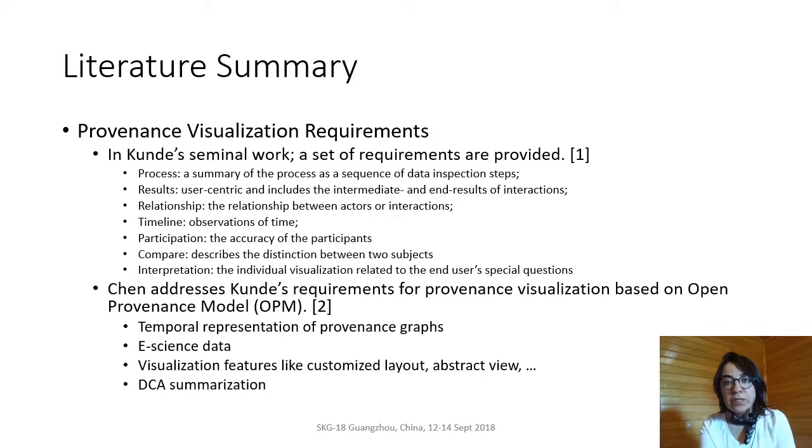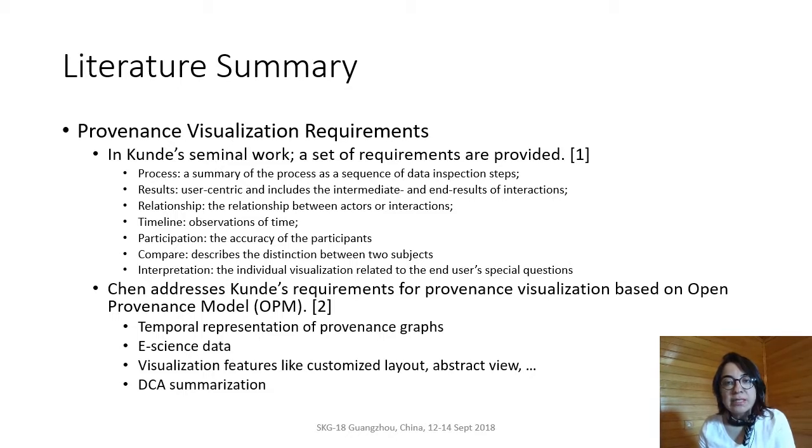If we look at the key references of this study, in Kunde's seminal work, provenance visualization components are provided with an important set of requirements for process, results, relationship, timeline, participation, compare, and interpretation.